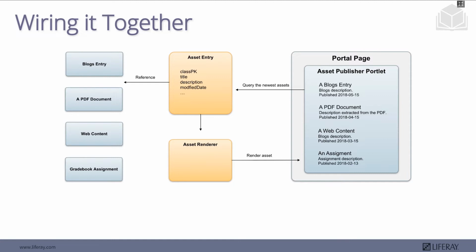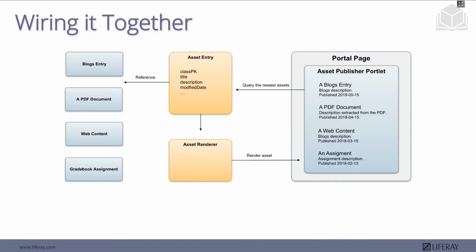Now, since this is a generic object, we need something to interpret what this asset entry corresponds with. This is the asset renderer. So for each content type, there will be an asset renderer that'll help us figure out what this asset entry corresponds with. In order to create the asset renderer object, we're going to be using an asset renderer factory. Okay, so the asset renderer, as the name implies, does just that.